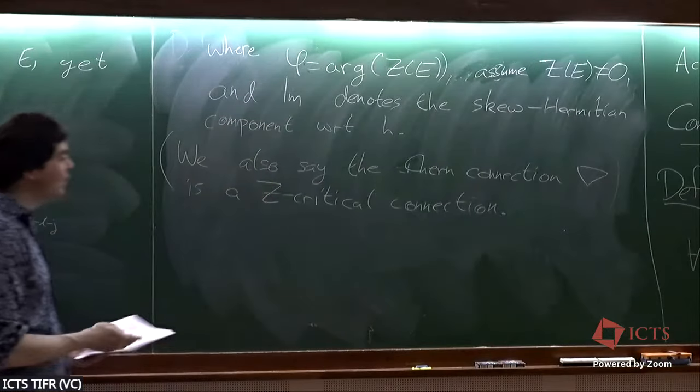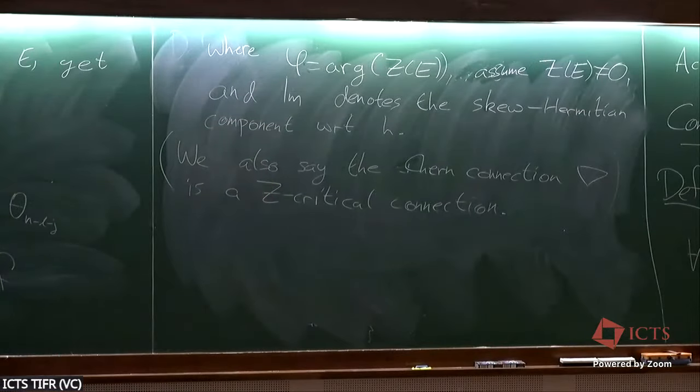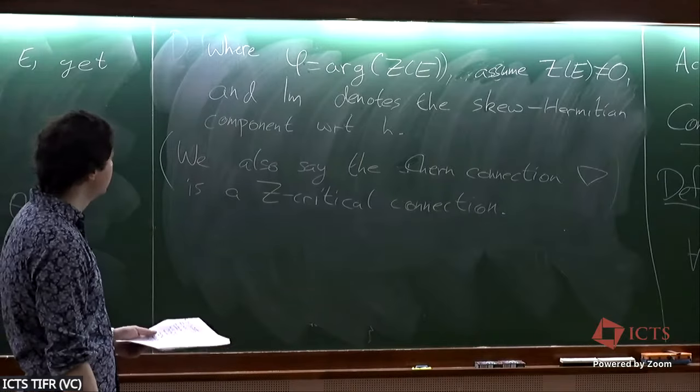So the tools that I'm going to use are much more geometric. They really come from algebraic geometry and equivariant differential geometry. And so, yeah, they seem to be very general and very natural. Okay.